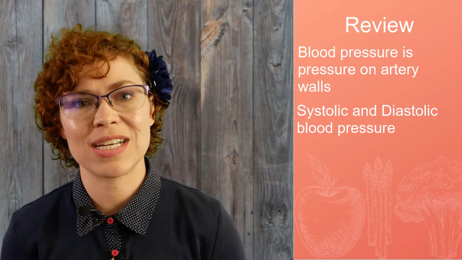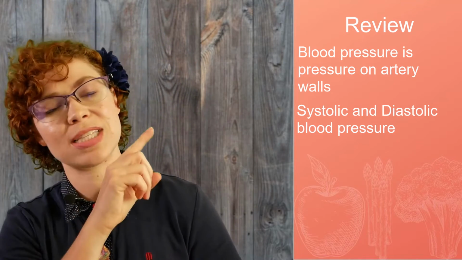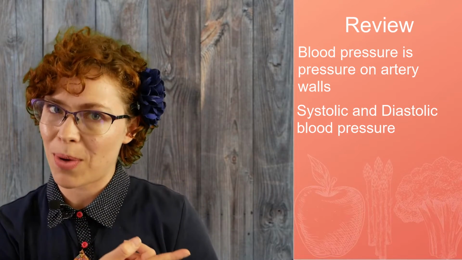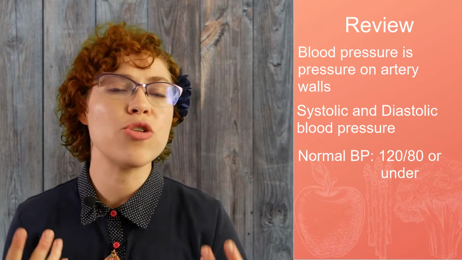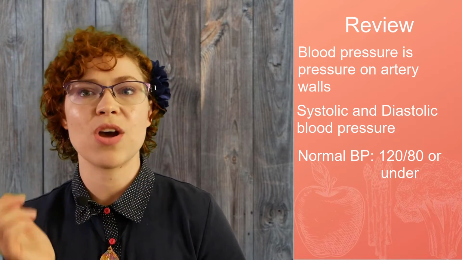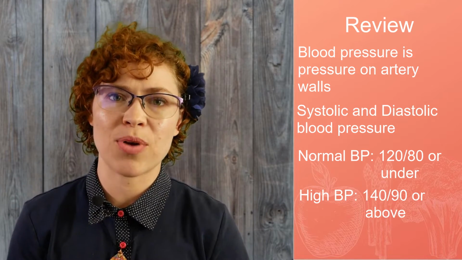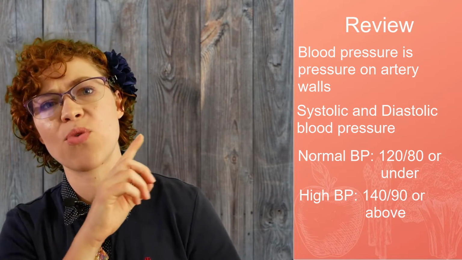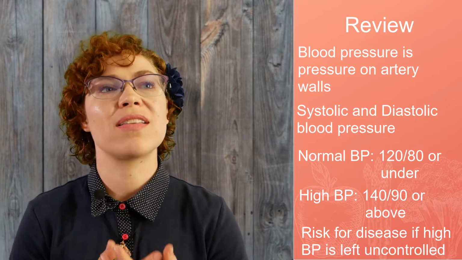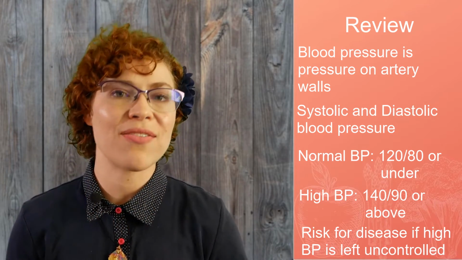Both of these are listed on blood pressure results, with systolic blood pressure being on the top and diastolic blood pressure being on the bottom. We also learned that normal blood pressure is anything below 120/80, and high blood pressure is anything above 140/90. We also learned that if high blood pressure is left uncontrolled, there are a lot of things that it can affect in our bodies.